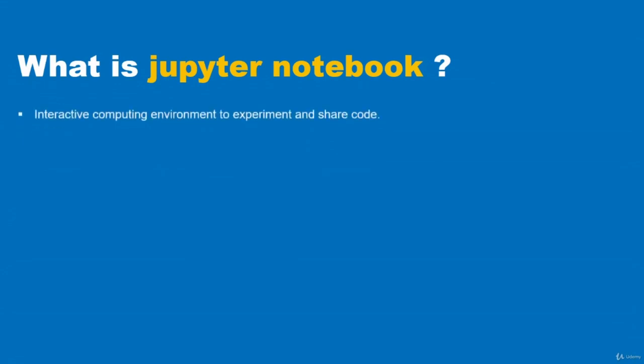The Jupyter is a loose acronym which means Julia, Python, and R. These programming languages were the first target languages of the Jupyter application. But nowadays, the notebook technology also supports many other languages.